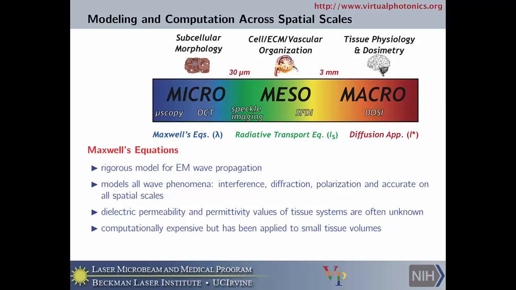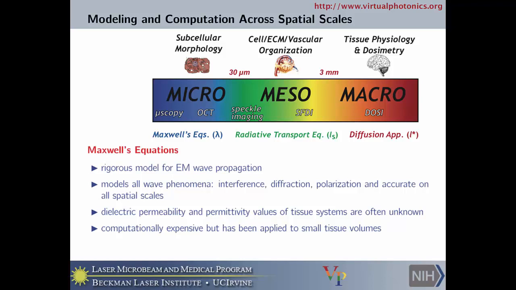Moreover, it's often understood that those values are varying spatially continuously within tissue. So often the application of Maxwell's equations to describe light transport within tissues is compromised in part by our ability to accurately represent computationally what a tissue looks like from a Maxwell's equations perspective.